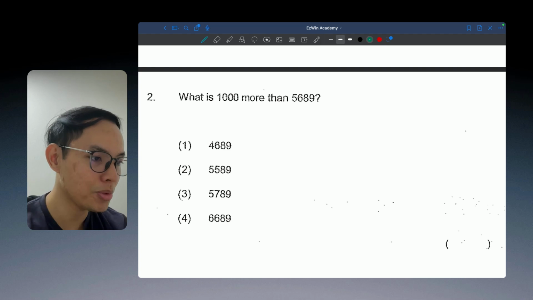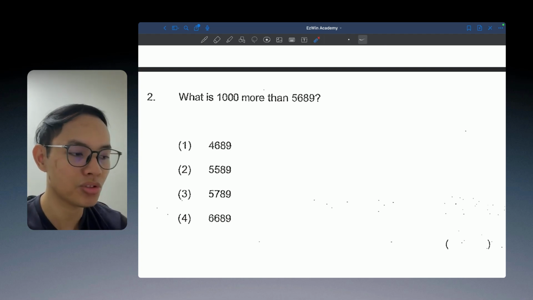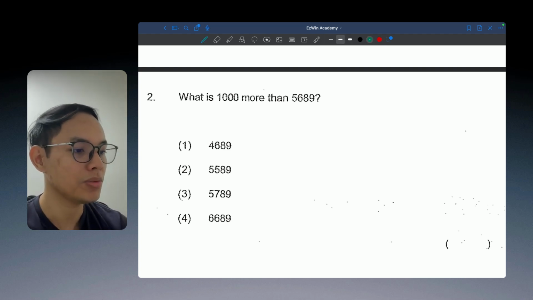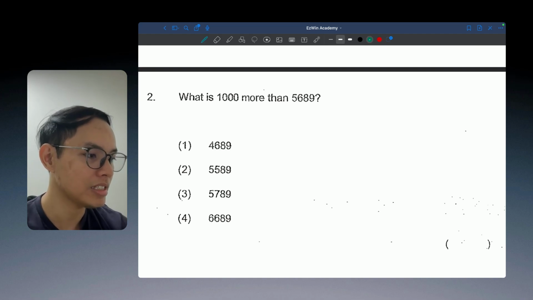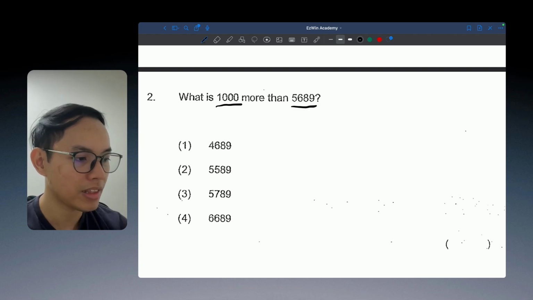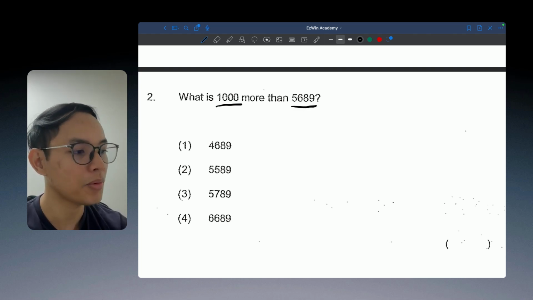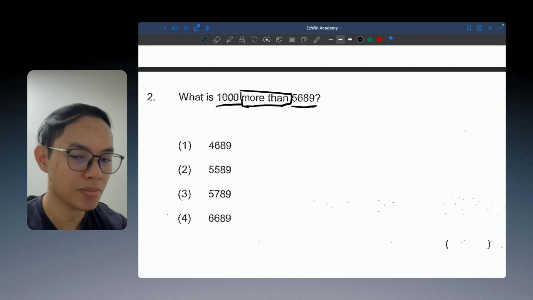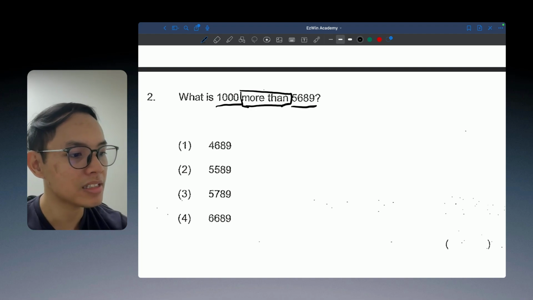Let me help you with this if you have some troubles understanding. You know what the thousand is, pretty straightforward, right? You know what 1000 is, and this number, 5689. Some of you might be wondering, what is this "more than"? Essentially, if you were to just put it in your notes, "more than" is just plus.